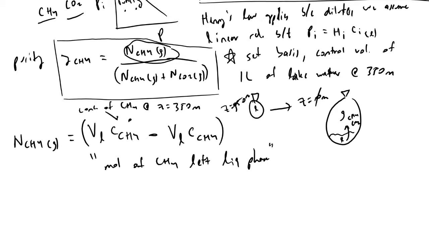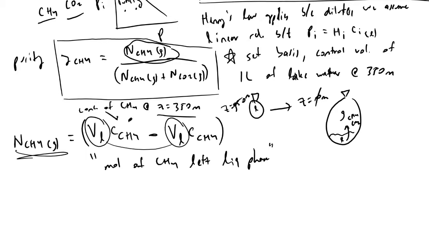Because we only have 2 phases in our control volume, any methane that leaves the liquid phase must be in the gas phase following this relationship. Another important thing to note here is this z equals 350 for this concentration CH4 naught.